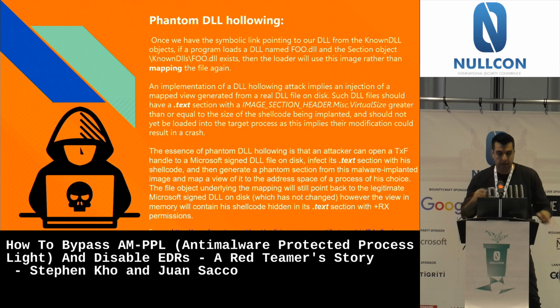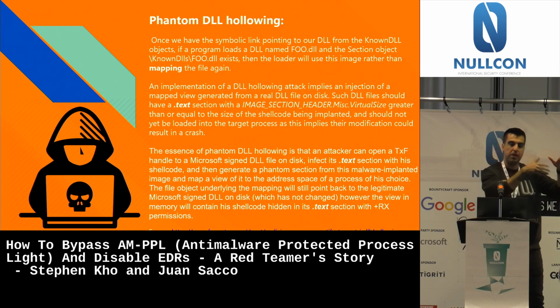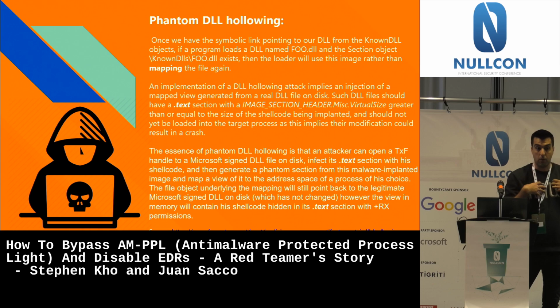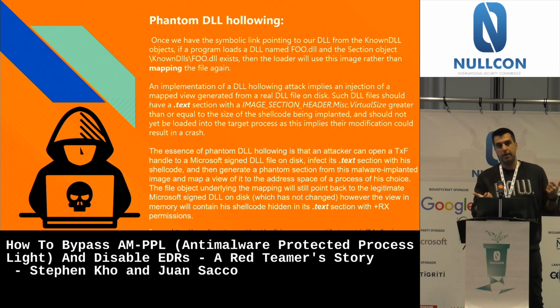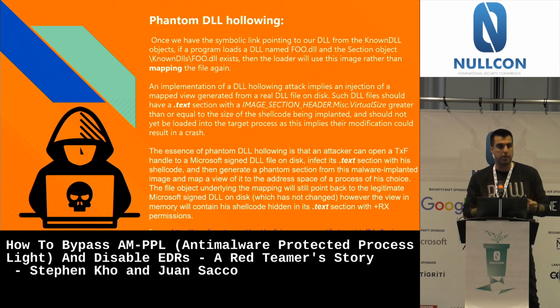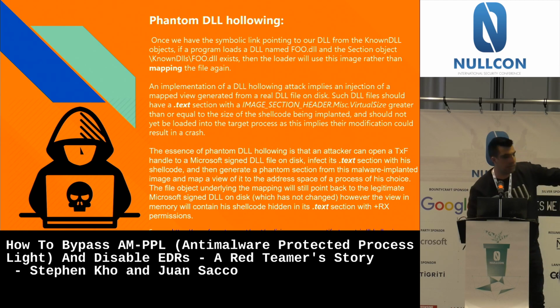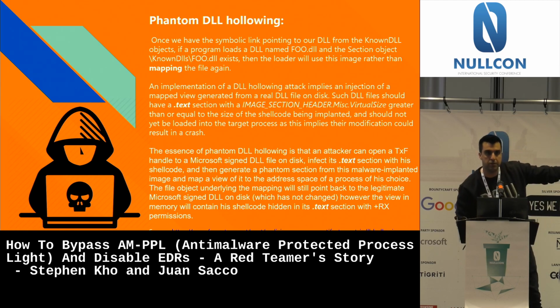The essence of phantom DLL hollowing is that an attacker can hollow the whole DLL in memory, replace the content of the text section with the content that you want, then load it and get execution. It could be shellcode, it could be whatever you want. At the bottom, I don't know why it's not there, but there is also the article on phantom DLL hollowing.